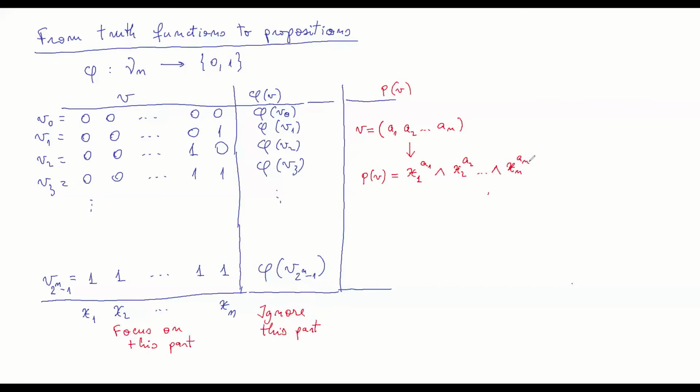And what I mean by this notation, I'm going to define: a variable xi to power 1 is going to be xi, and xi to power 0 is going to be not xi.